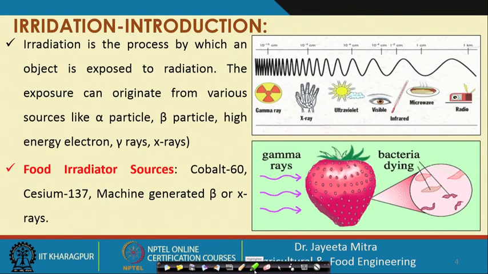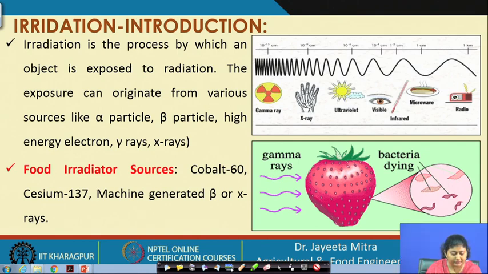So, we will see that irradiation is the process by which an object is exposed to radiation. So, you have to have the clarity here. Radiation means the intensity of the light that comes from any light source, but irradiation is the process by which the object is exposed to radiation, right.